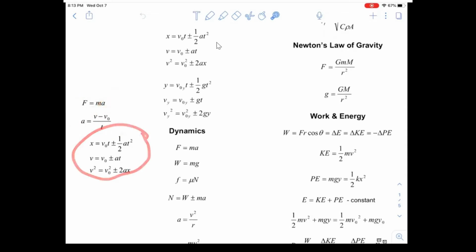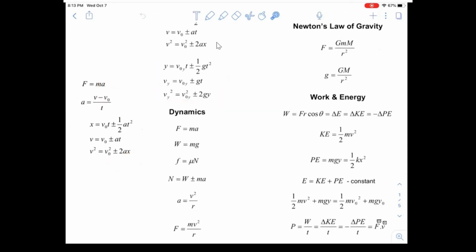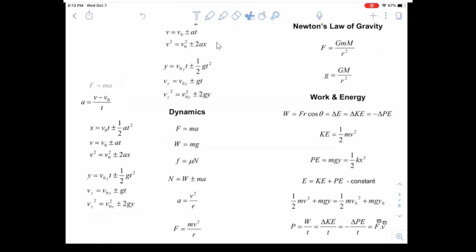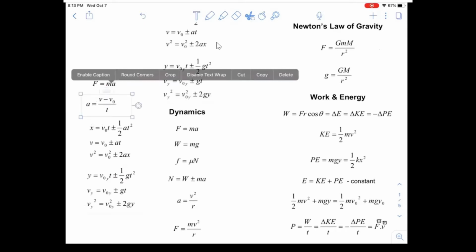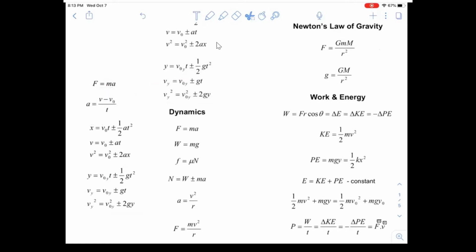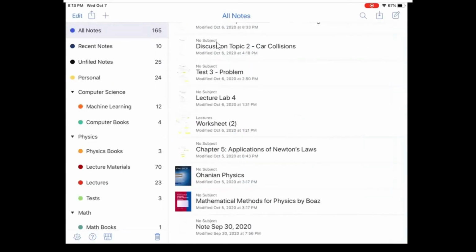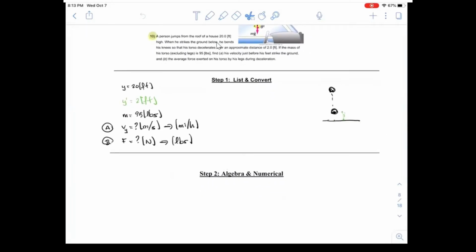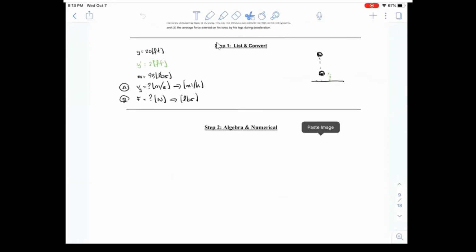This could be the uniform motion formulas as well as the free fall formulas, so let me grab those too. I'm grabbing anything and everything that I feel is relevant. Here's my treasure chest, my toolbox. Everything that I think I can use is going to be there.